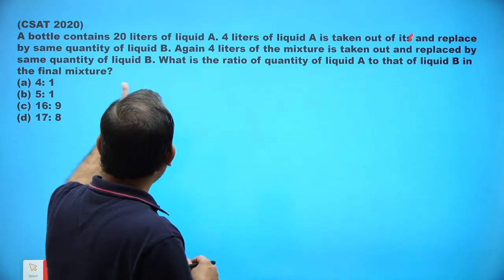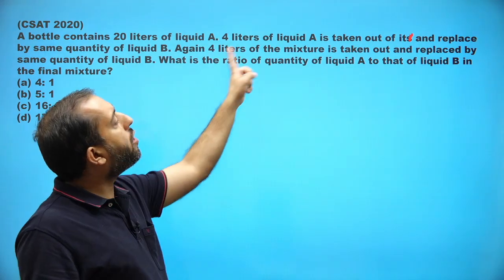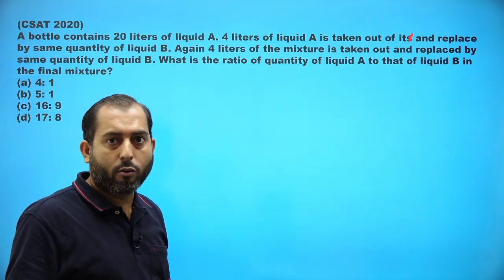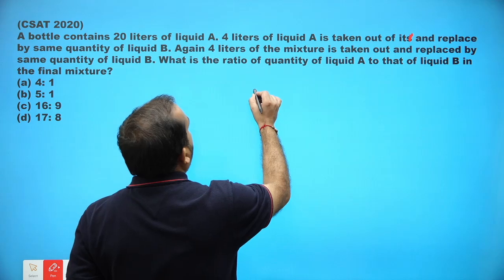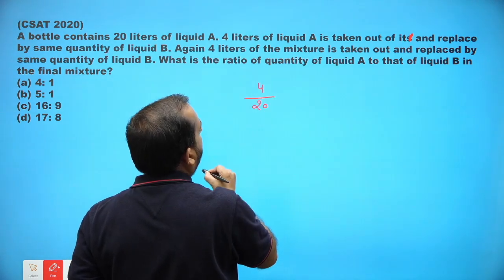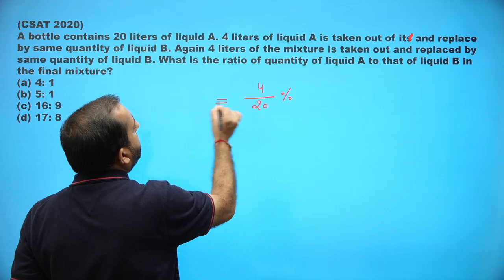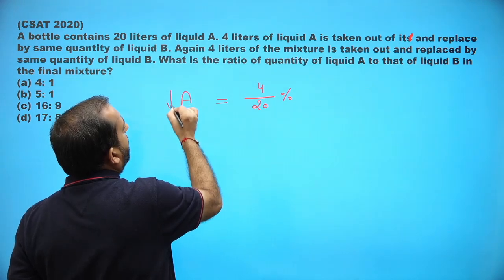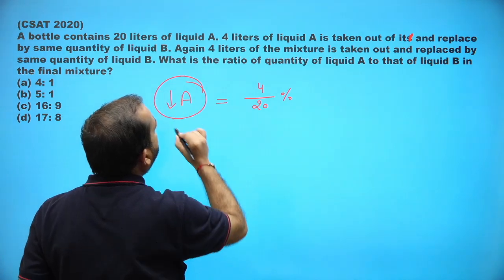In this case, a bottle contains 20 liters of liquid A, and 4 liters of liquid A has been taken out. So out of 20, 4 liters has been taken out. What is the percentage decrease in liquid A?